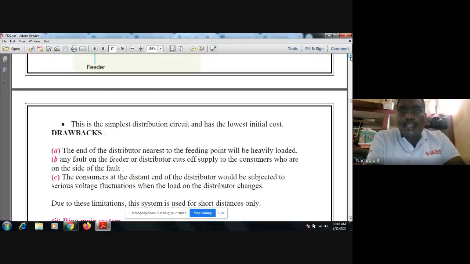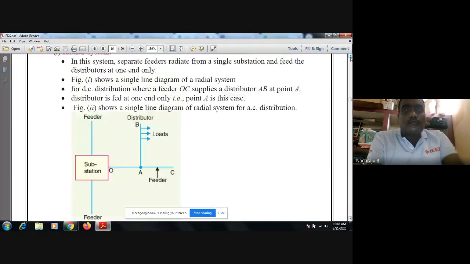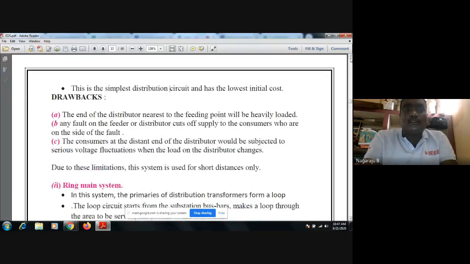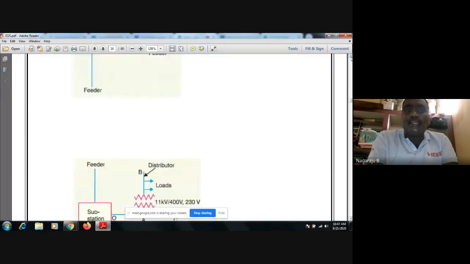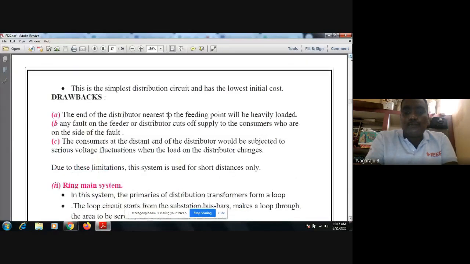So today I'll give the various types of the distribution system depending on the connection schemes.